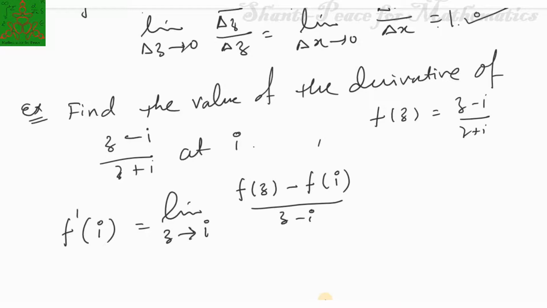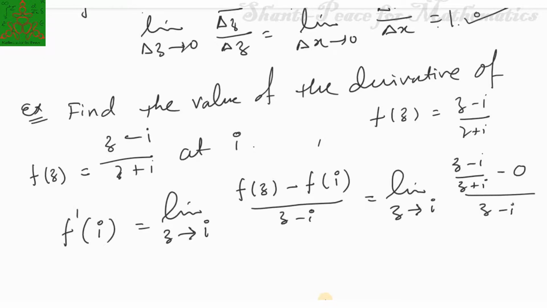So that can be written as the limit as z tends to i of z minus i upon z plus i minus f of i. If this is f of z, then f of i is 0, upon z minus i.